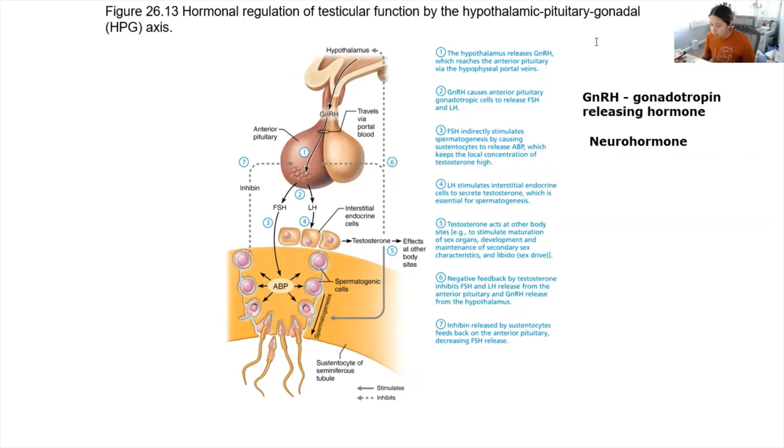Okay. So gonadotropin releasing hormone is going to target cells of the anterior pituitary, and the anterior pituitary is going to release two hormones. We have follicle stimulating hormone, or FSH, and luteinizing hormone, or LH.